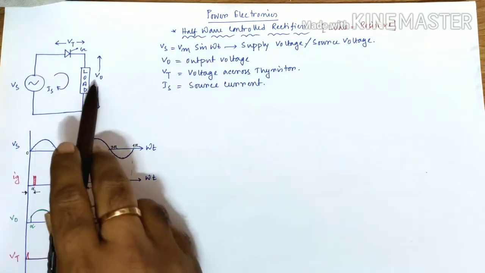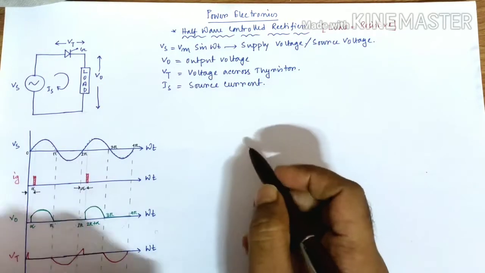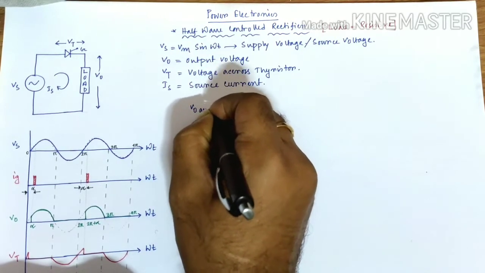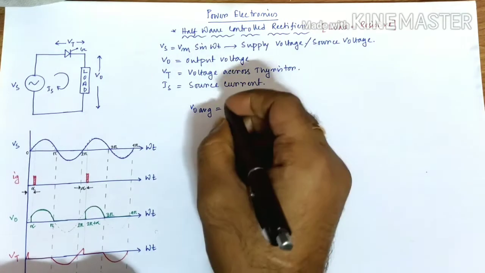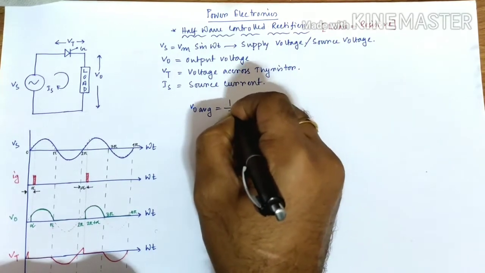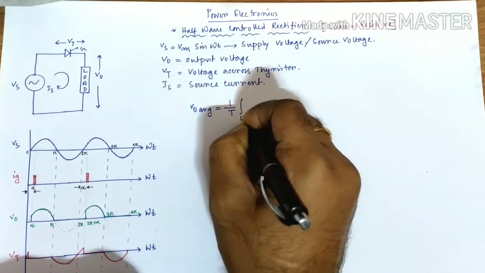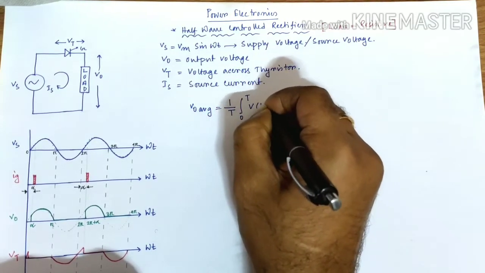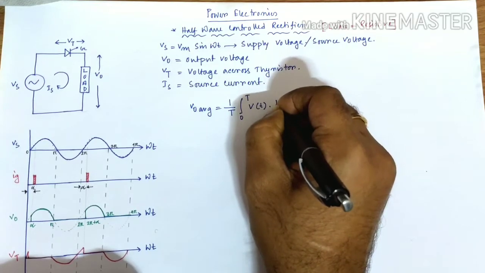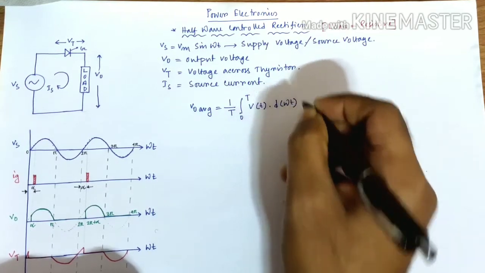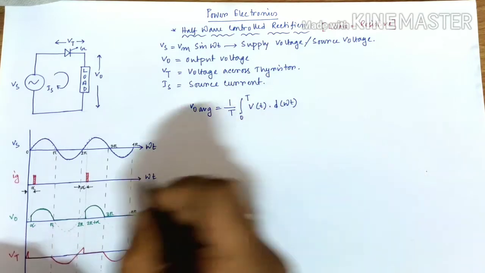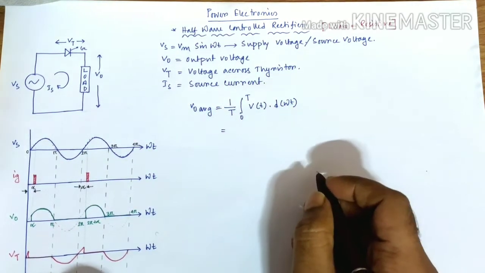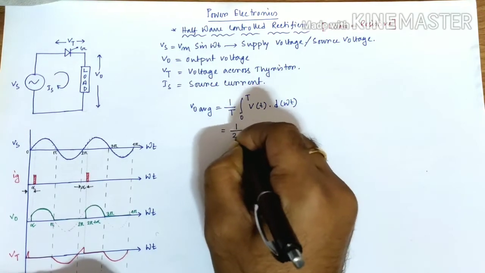The first one is the V naught average. So how to find out that one? The basic formula is 1 by T integration 0 to T of v of t d of omega t, where v is a function of t. In this particular case the time period T is 2 pi, so that is 1 by 2 pi.